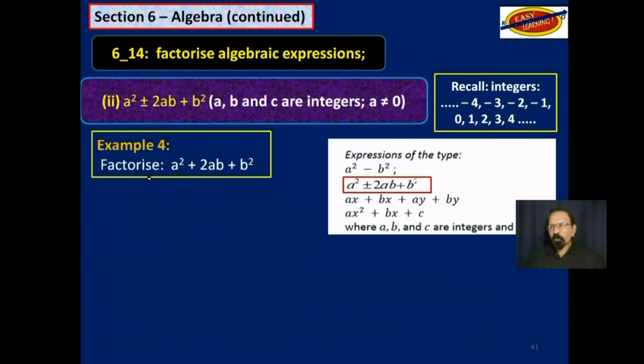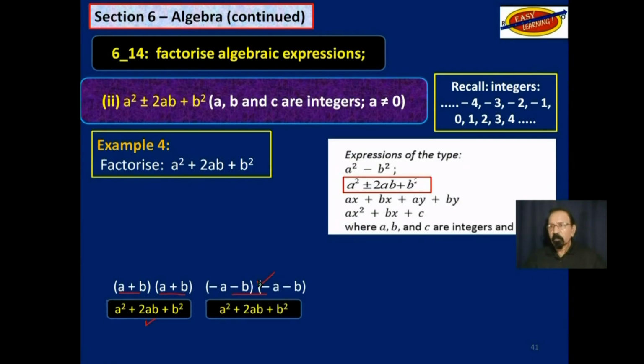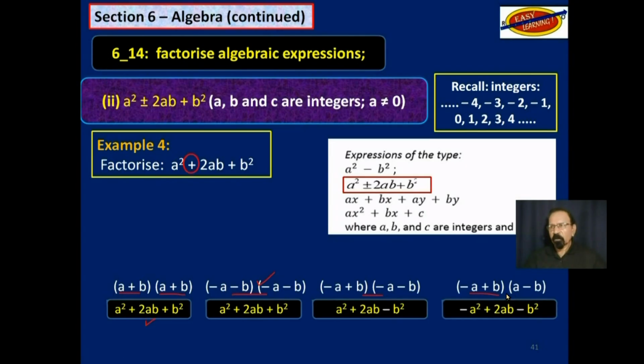So if you see a squared plus 2ab plus b squared and you want to factorize it straight off, you should know that it is a plus b multiplied by a plus b. You will always get that. This one will work too, but don't use this since most people don't use it. This one will not work, and this one will not work.